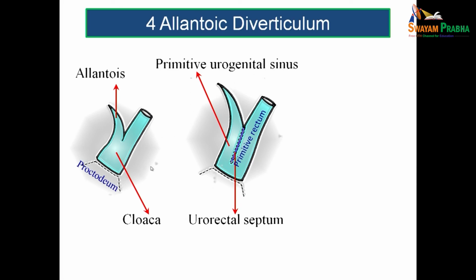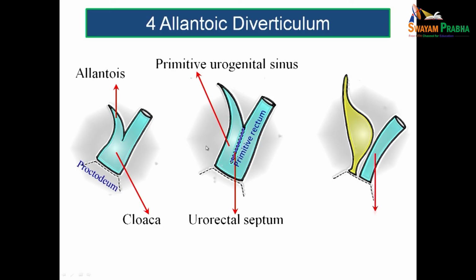So, the entire cloaca is divided by the formation of the urorectal septum into a posterior primitive rectum and an anterior primitive urogenital sinus. So, what is formed from the primitive rectum? It is the rectum and anal canal. So, the rectum and anal canal are formed from the primitive rectum, whereas the primitive urogenital sinus gives rise to the bladder. So, you can see that the allantois is actually attached to the bladder. So, in adults, if you look at the bladder, the remnant of the allantois will be seen in the form of the median umbilical ligament.